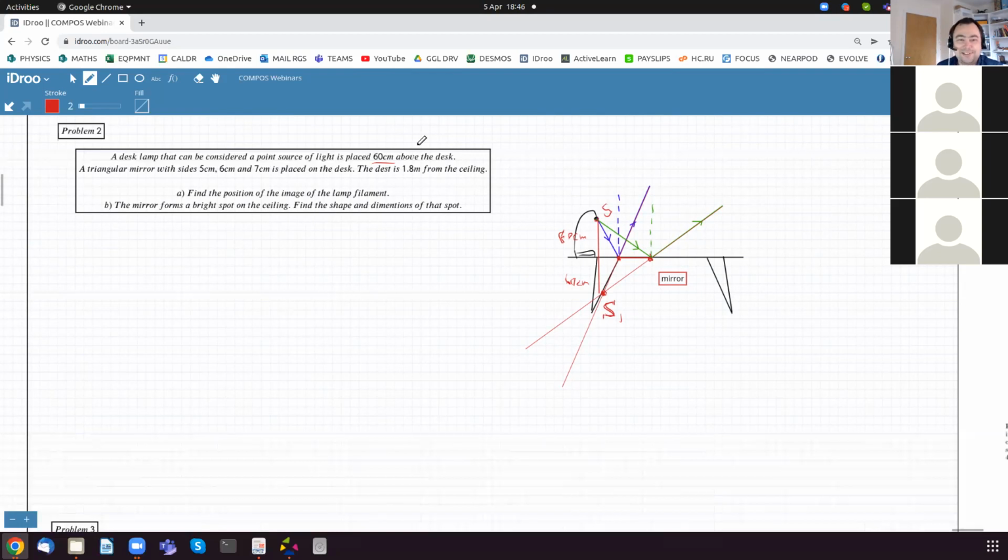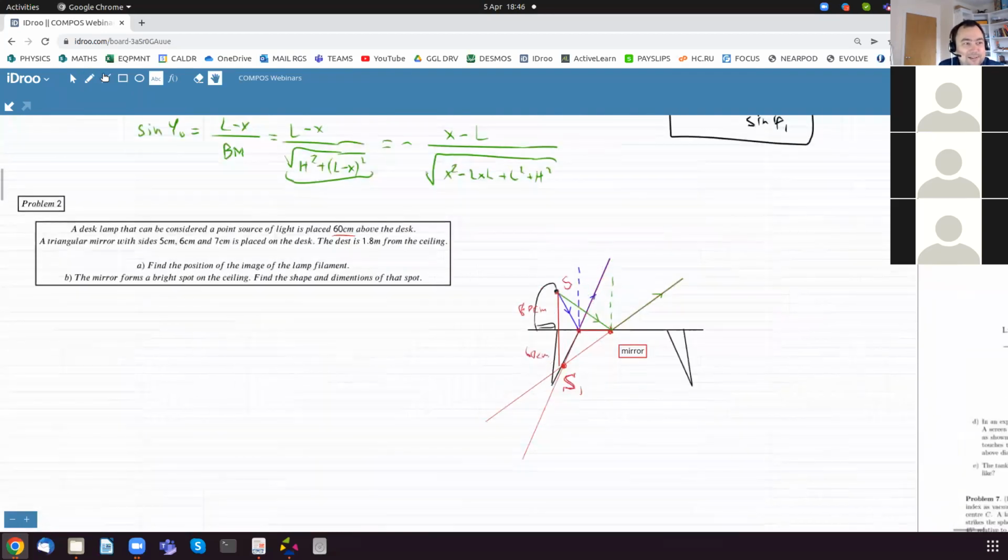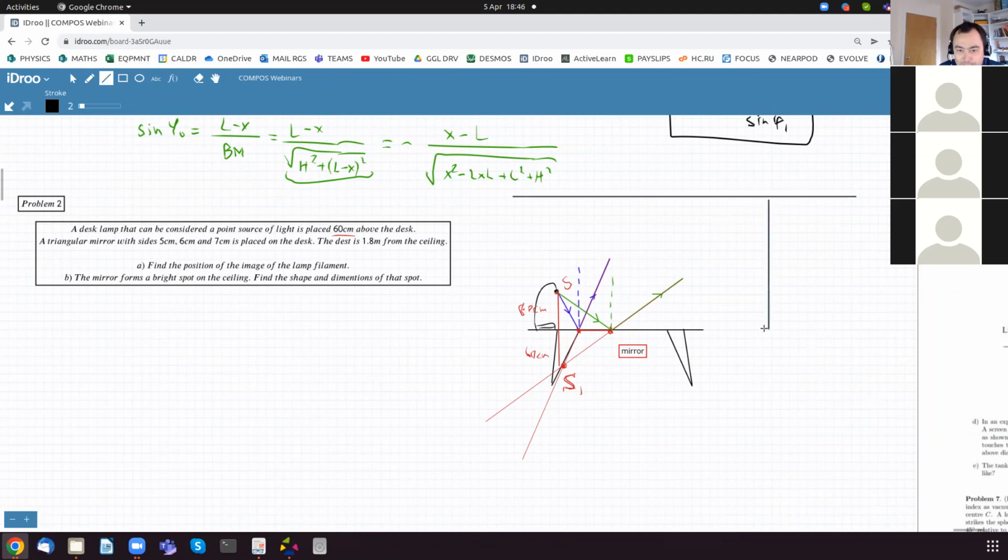So it's a solar bunny, and if you have the ceiling of the room like this, which is 1.8 meters from the surface. 1.8 meters. Okay, that wasn't a very good idea. 1.8 meters like this.